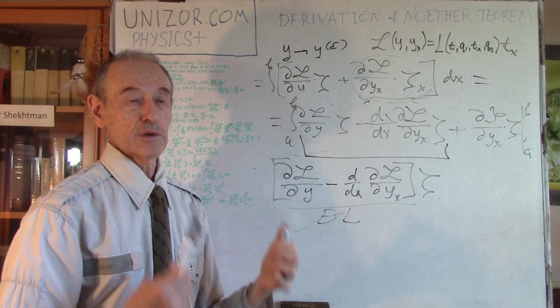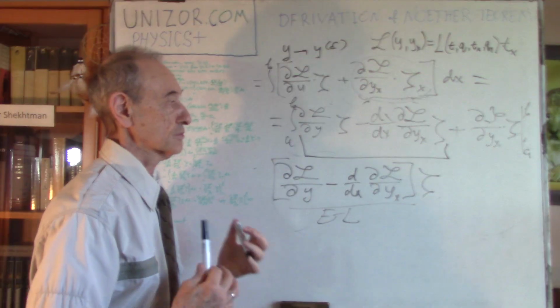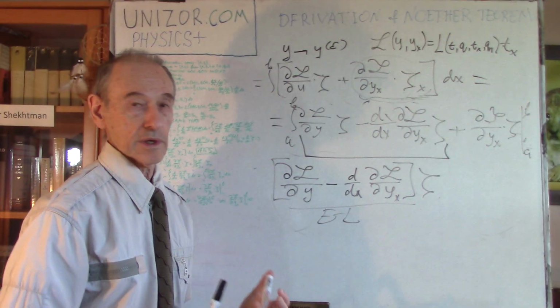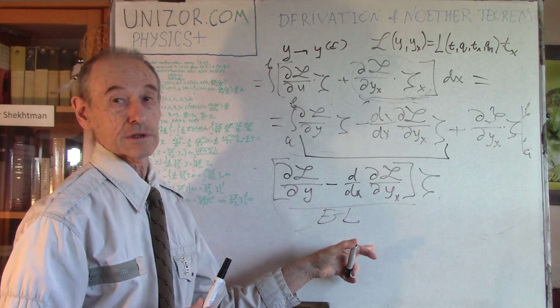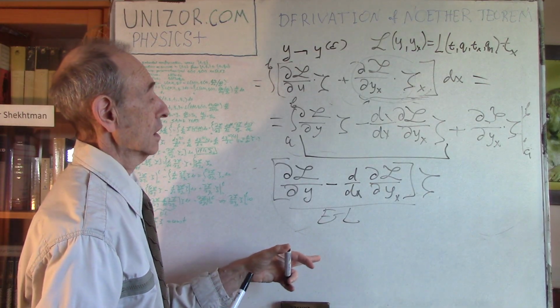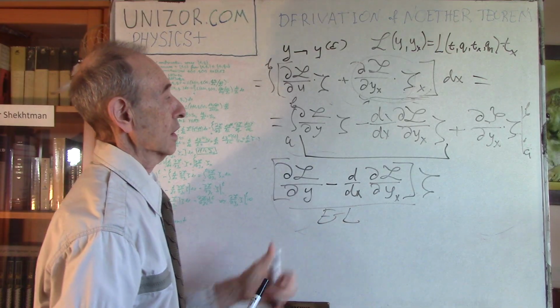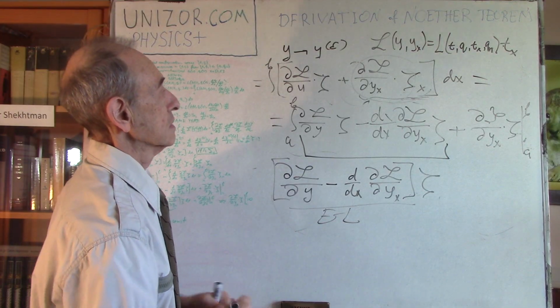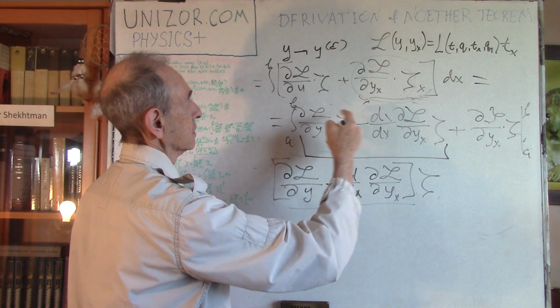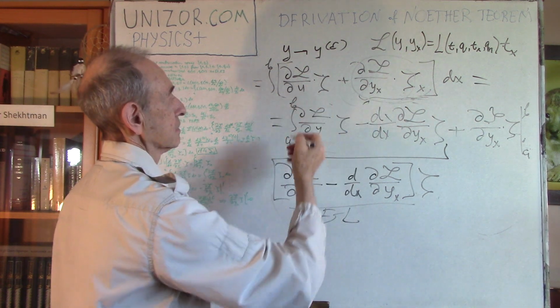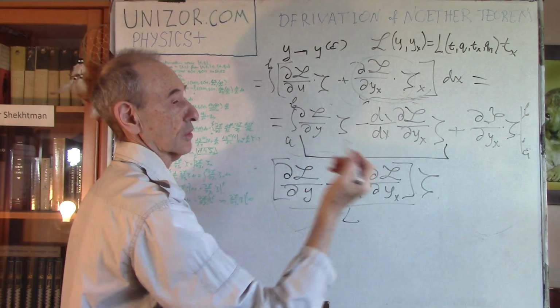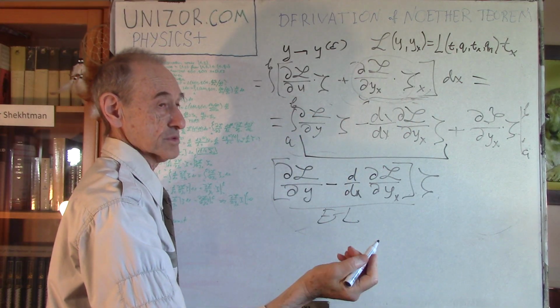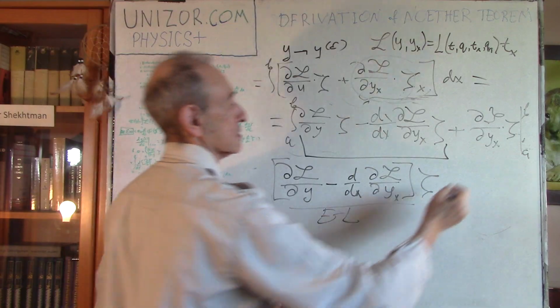That's the key. We assume that the action functional is invariant, and that's what makes the Euler-Lagrange equation for any real physical trajectory equal to 0. So the whole thing, which we started from, is equal to 0, right? This is the result of differentiation of the action functional by epsilon, and we assume this is 0. So this is 0.